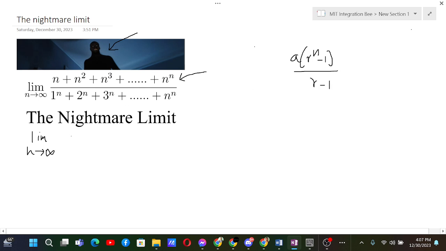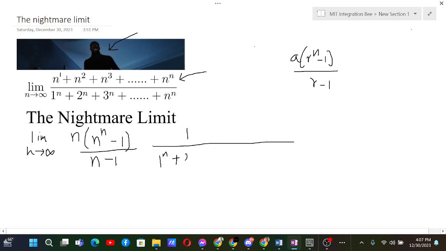Over here, a is n and r is also n. The number of terms is also n, since it's going from 1 to n, so it's n to the power n minus 1, and r is again n minus 1. The denominator over here is 1 to the power n plus 2 to the power n up to n to the power n.